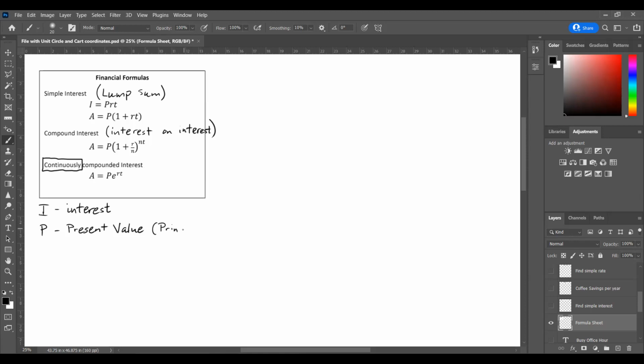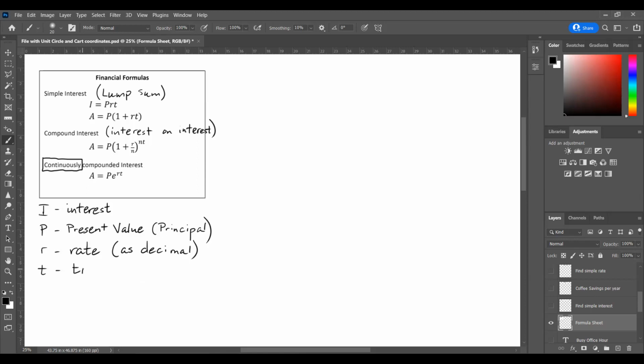It is how much the amount of the loan is, or something like that. It's the first amount. We've got R, which is our interest rate. And that needs to be listed in the formulas as a decimal, though in the problem, it will often be listed as a percentage. So we need to be able to convert back and forth between a percentage and a decimal.